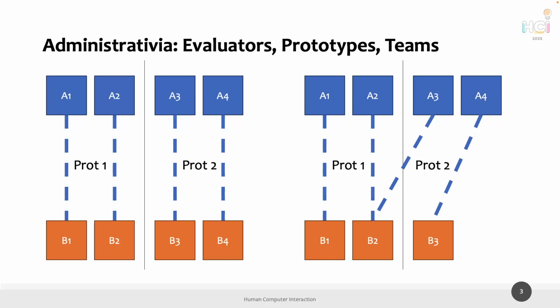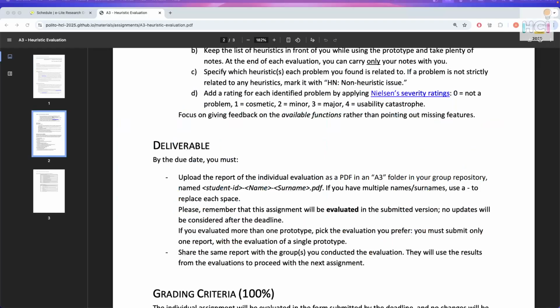If there are no more questions, just to say some obvious things, but they are not typically followed. It's individual. So if we find similar documents, we will penalize both, okay? It happens every year.